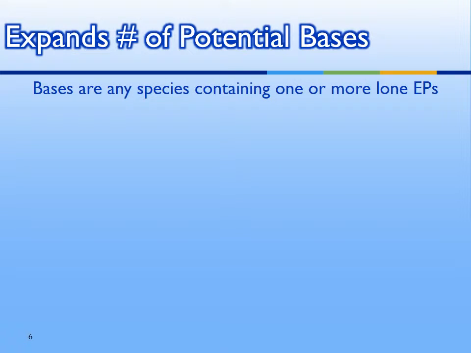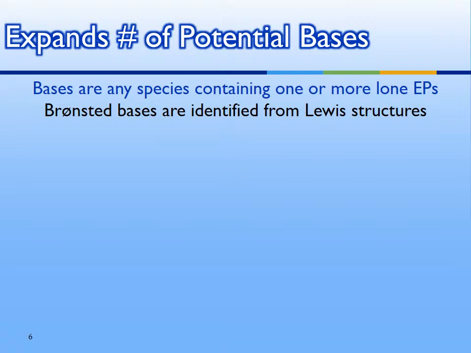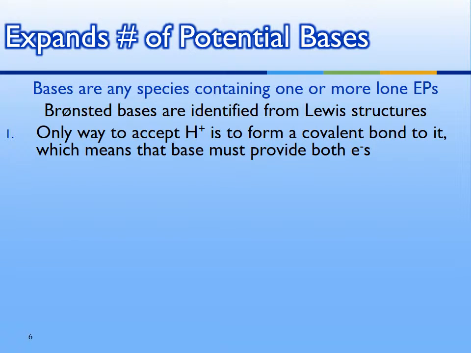It also expands the number of potential bases, because a base now can be any species that contains one or more lone electron pairs. And therefore Bronsted bases are identified from knowing their Lewis structure. Why is it that way?